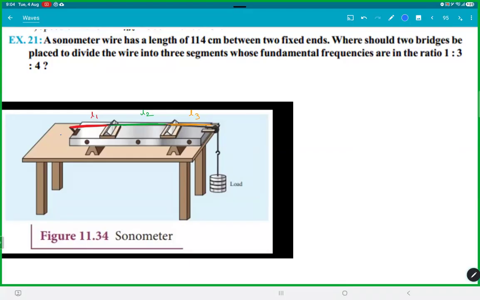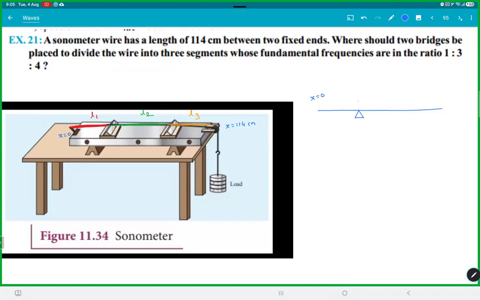So let's say the left side is x equal to 0 and the right side is x equal to 114 centimeters. So where should I keep these bridges? These are the bridges, so that you get fundamental frequencies in the ratio 1 is to 3 is to 4. If I draw the picture, this is x equal to 0.